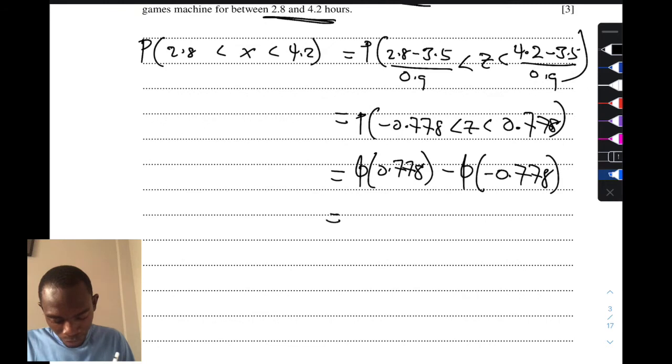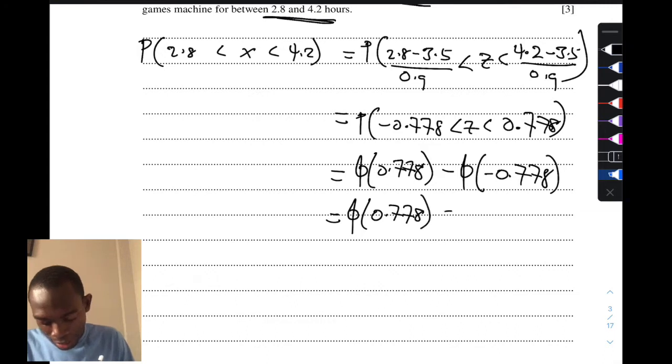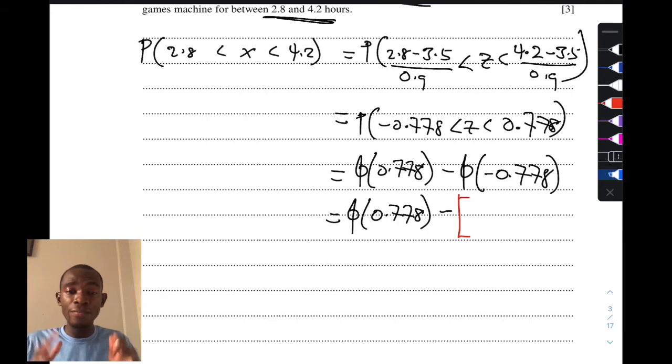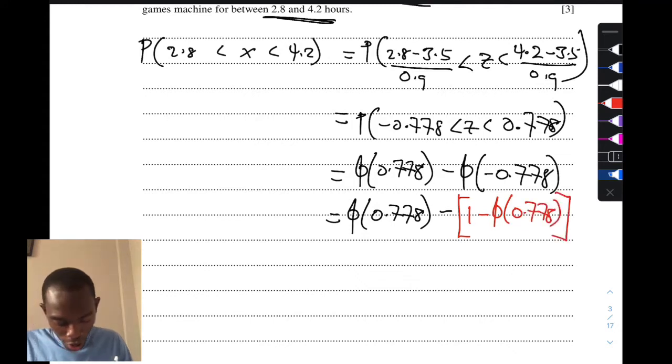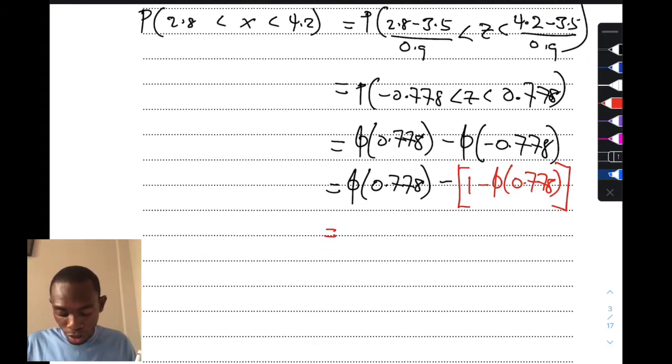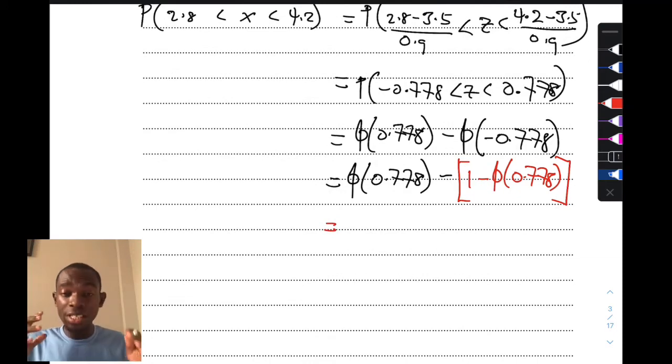Now I told you that if it is a negative, there's phi of the positive thing. So you have 1 minus phi of 0.778.